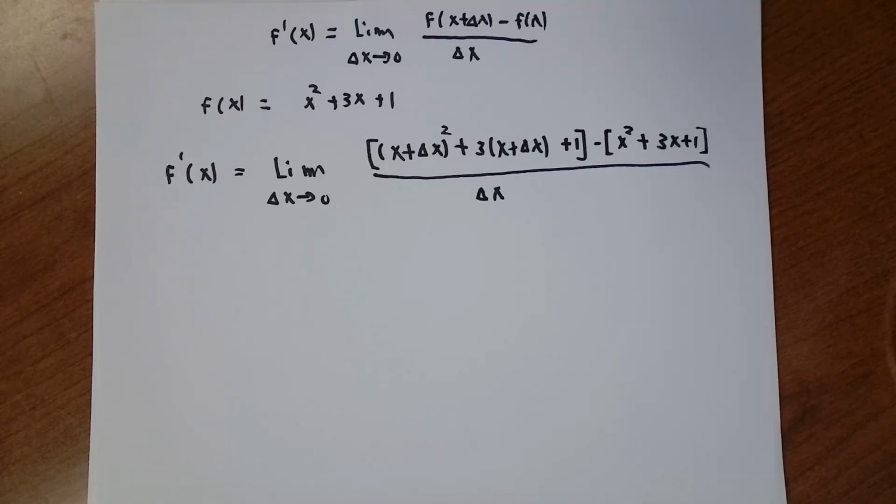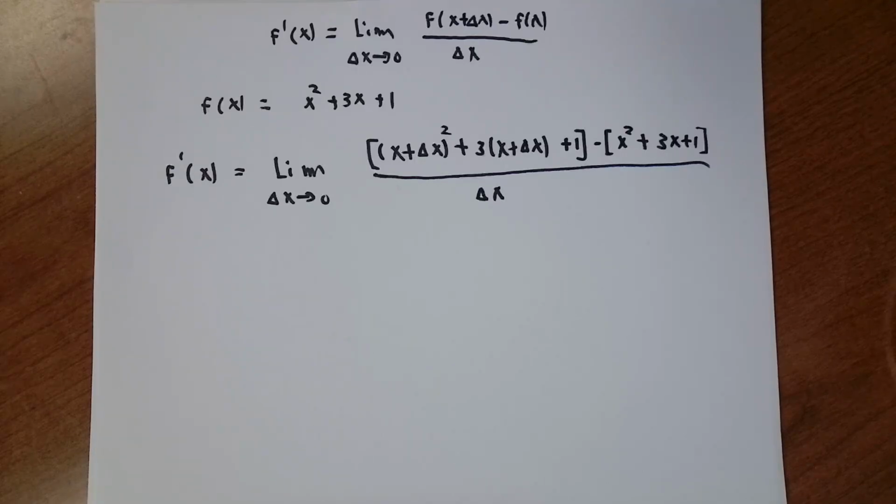Not to insult your intelligence, but what that means is the way you apply f to a number is you square the number, you add in 3 times the number, and then add 1. If I calculate this limit that I'm interested in, firstly, I need to figure out what f evaluated at x plus delta x is. So I'll take x plus delta x, square that, add in 3 times that, and then add 1.